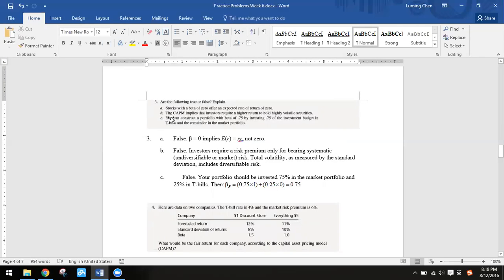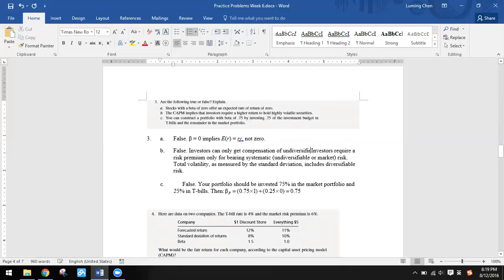B, CAPM implies that investors require higher return to hold highly volatile securities. This is false because investors can only get compensation for undiversifiable risk. If the risk is diversifiable, investors will not get compensated.